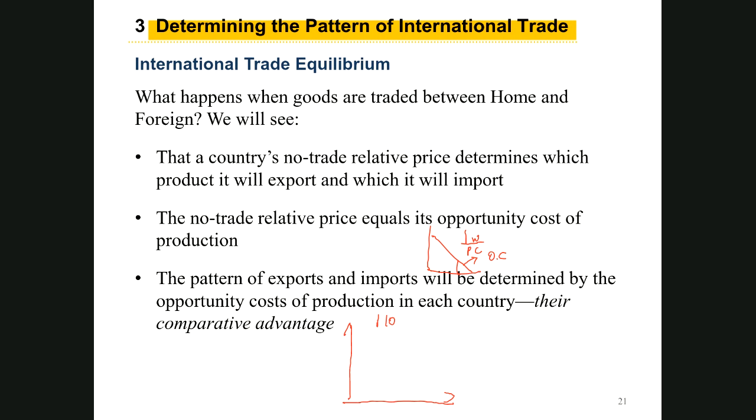Home country, originally their triangle, 50 and 100. Foreign country, 100 and 100.